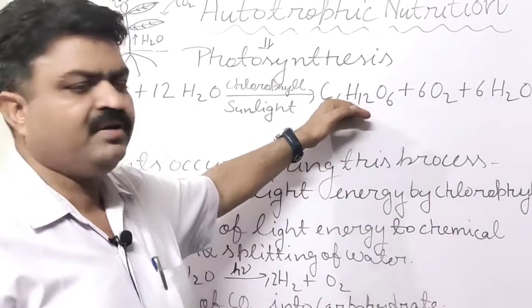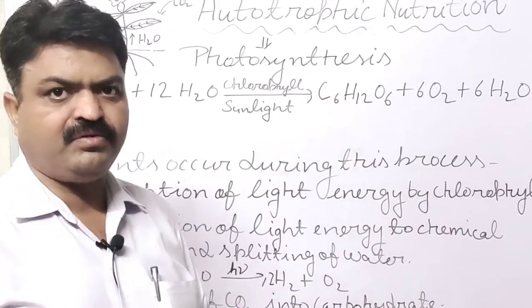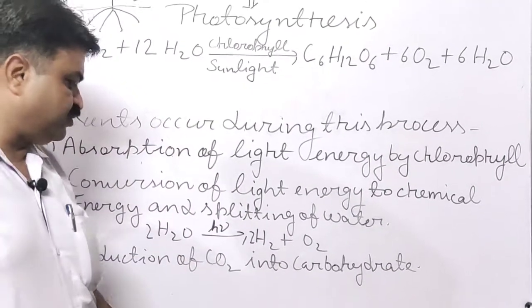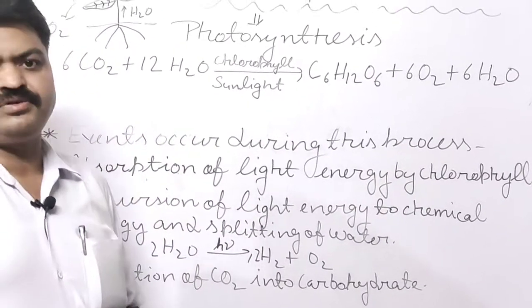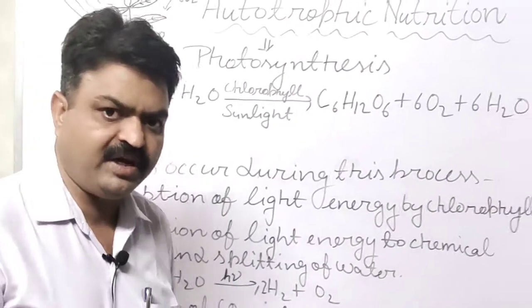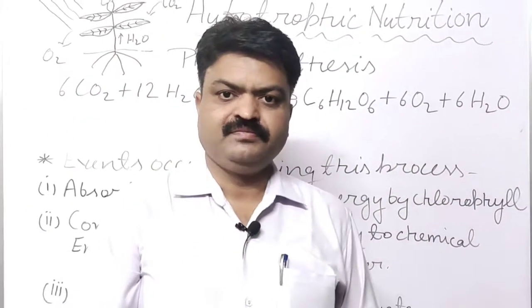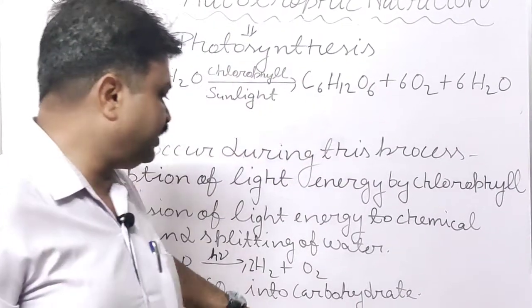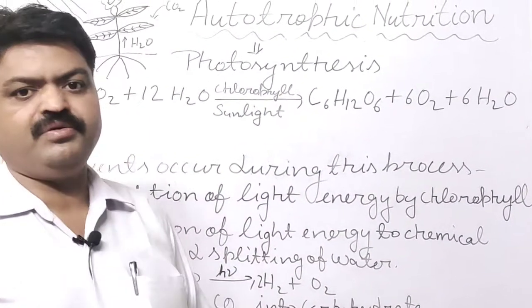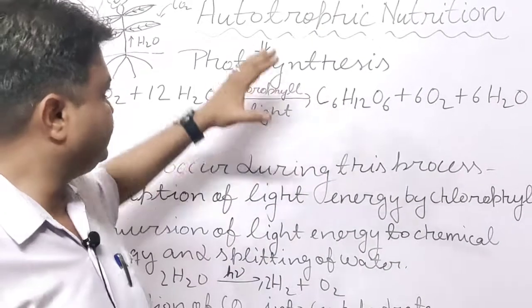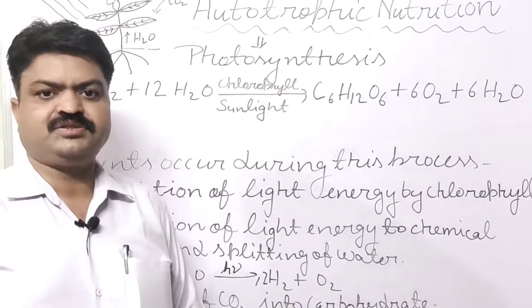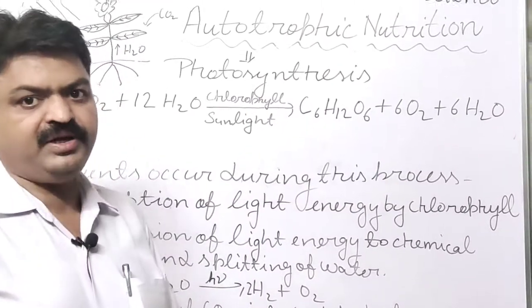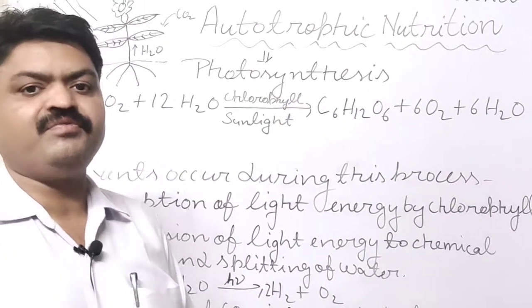They are forming carbohydrate or glucose. After this, the event that takes place, students, is the reduction of CO2. Carbon dioxide is reduced here, and due to that reduction, what is forming, students? That is carbohydrate.